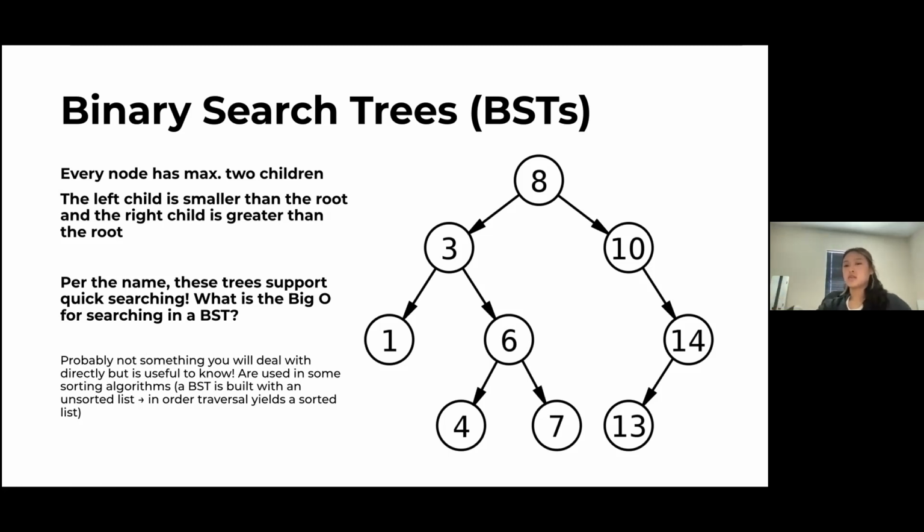And then if you just do an in order traversal, that will yield you the sorted list. But this is super useful because search is super quick. Does anybody know the big O? The O of log n, probably. Yes. Do we have any questions so far?